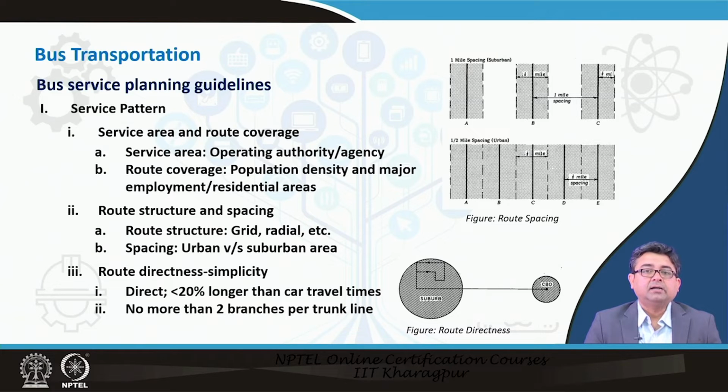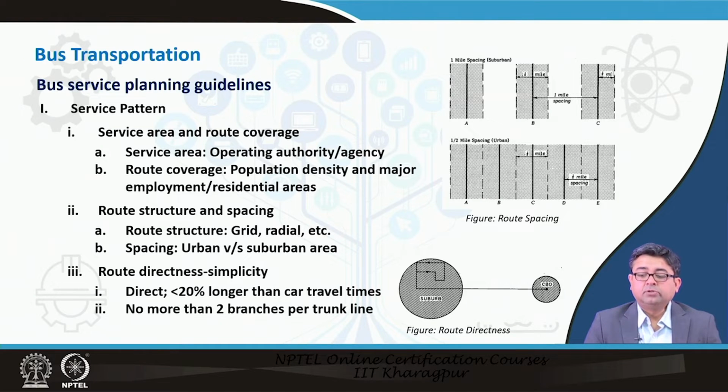You would see that the spacing of the route networks are shown in the figure, and also the route directness is shown. For route directness, it is usually advised that all the circuitous connections should be closer to the residential areas or the suburban areas rather than at the CBD, whereas at the CBD the routes should go to one point and everybody should load or board or deplane from the one side.